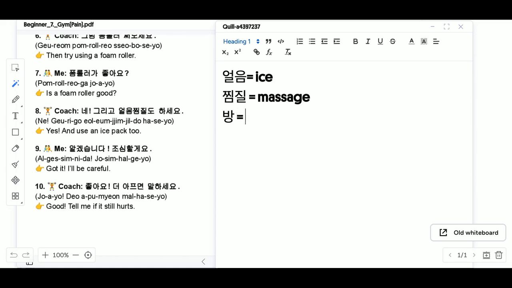Okay, it's okay. Yes, yeah, so you got it. So 방 means some space or room. So if you put a specific word plus 방, that means a space for that. So 찜질방 is not a massage space.